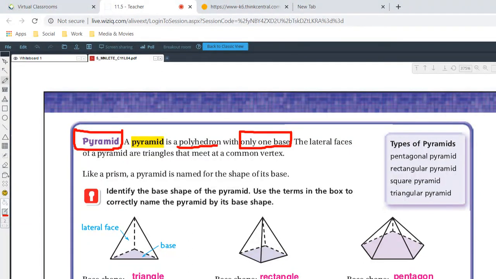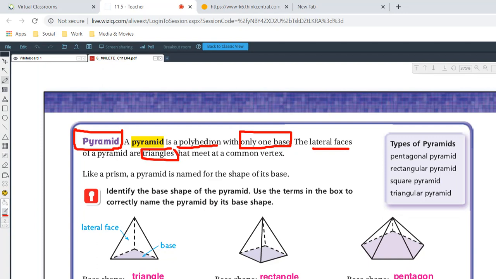A prism has 2 bases, but a pyramid has only one base. And we have another difference: the lateral faces of a pyramid are triangles, but the lateral faces of prisms are rectangles.